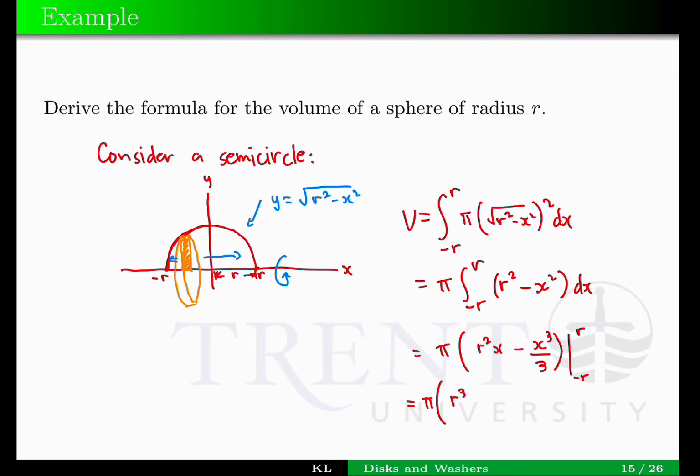So that becomes r cubed minus r cubed over 3, then minus. When x equals negative r, you will have negative r cubed minus, when you cube a negative r, it becomes negative r cubed, negative r cubed over 3.